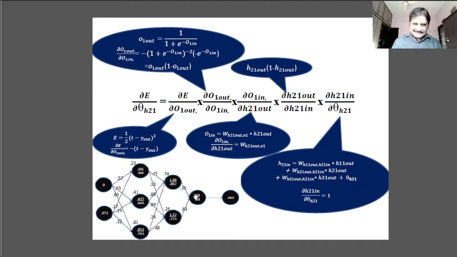O1 in is this, the first half of this output neuron, and how it is related to H21 out. O1 in here is coming out as the product of the weight W21 out comma O1, simply the weight, that is this weight being talked about, into H21 out.